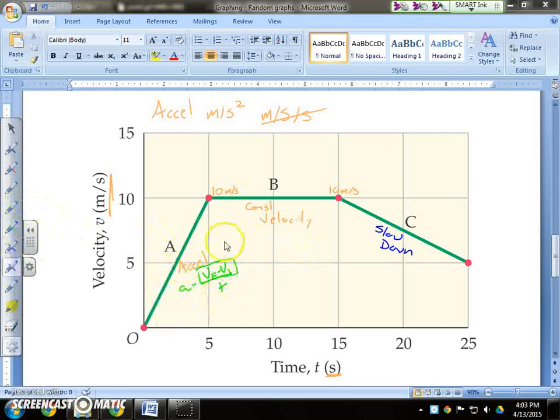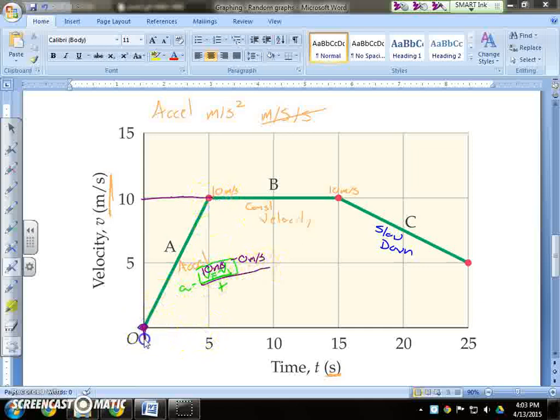For segment A here, we know our final velocity is going to be this 10 meters per second, as indicated by this right here. And your initial velocity was down here at 0 meters per second. So we're going to have 10 meters per second over something. How much time did it take us to reach that 10 meters per second?